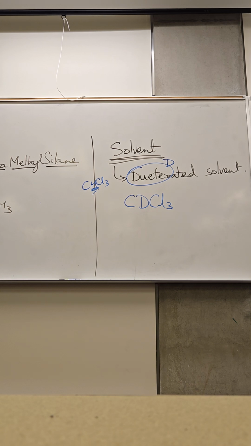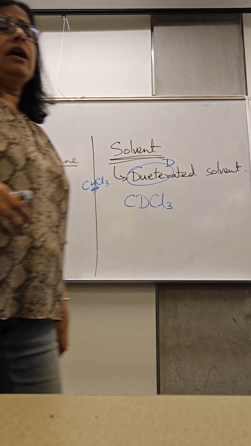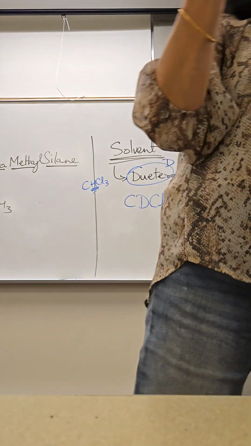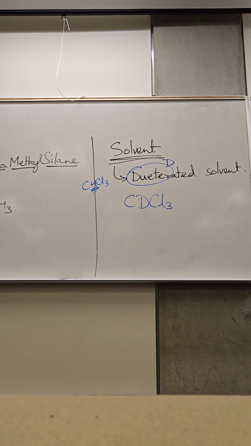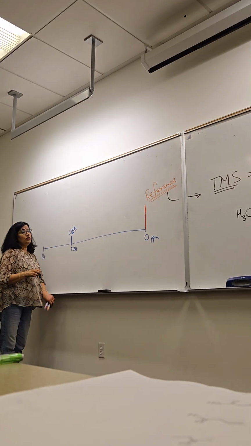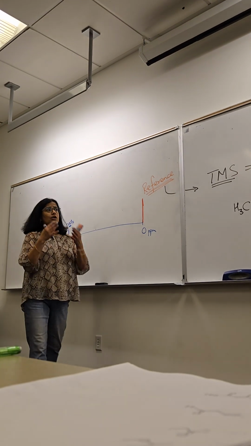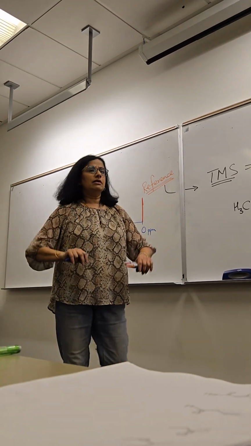You might end up seeing a small signal which is really for the protonated form, but again, contamination. Some solvents interact with moisture in the air, so they get protonated. So if there is a proton in the solvent, we will see signals. So you've got to know where that is so you can eliminate it.